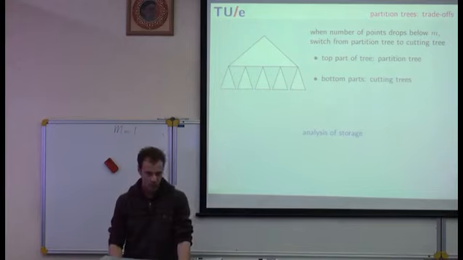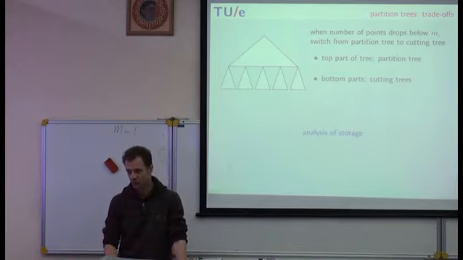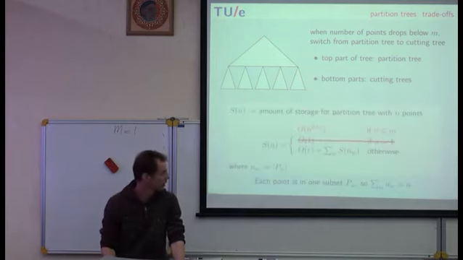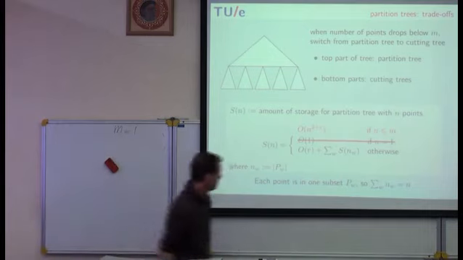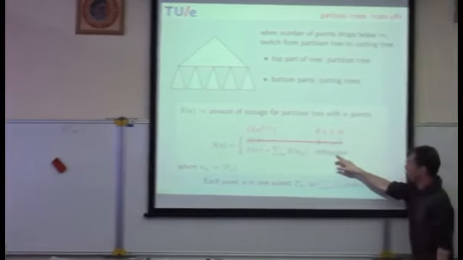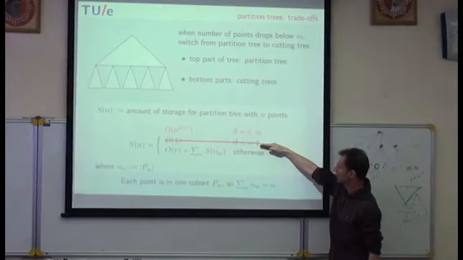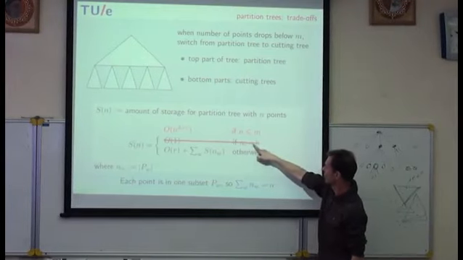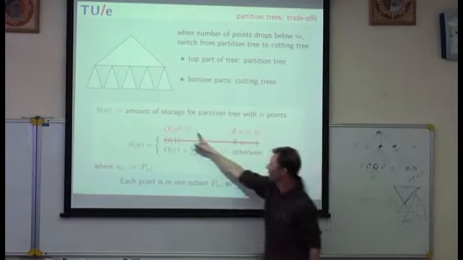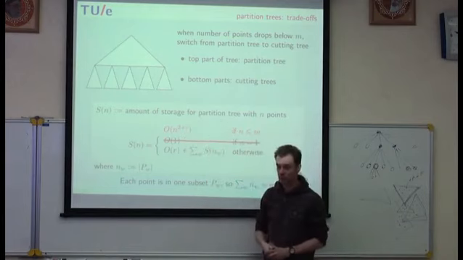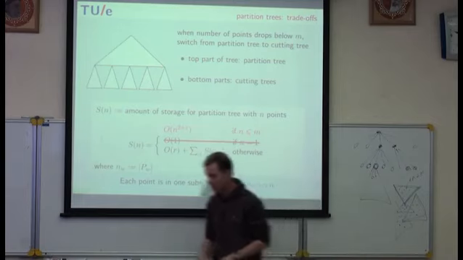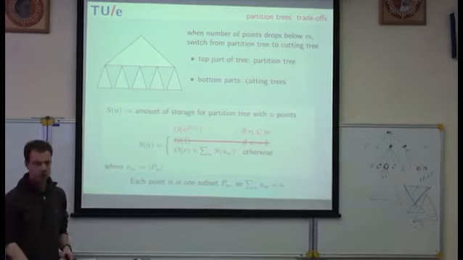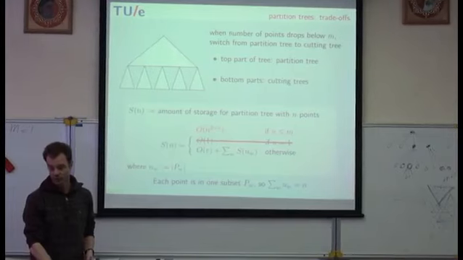So how can we analyze it? Well, the complicated way is to write another recurrence. I had my old recurrence, but now the base case is not when n equals 1, but when n equals m, and then I have this bound. But actually, there's an easier way to look at it.